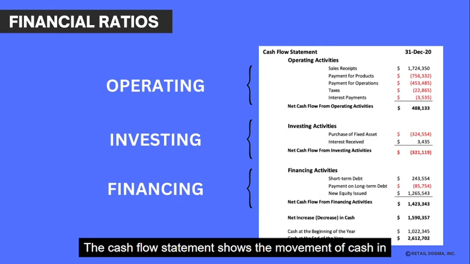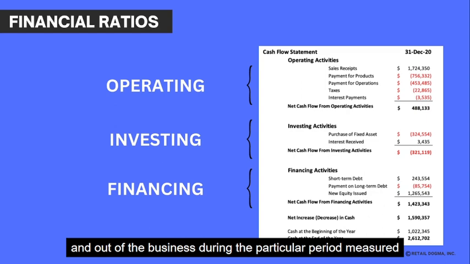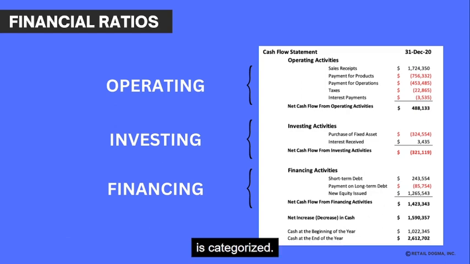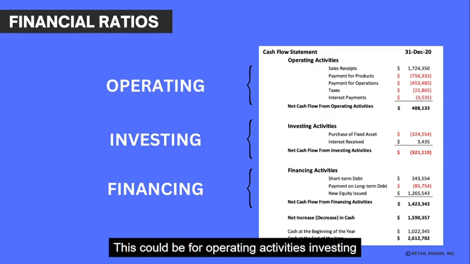The cash flow statement shows the movement of cash in and out of the business during the particular period measured and under which category of activity this movement is categorized. This could be for operating activities, investing activities, or financing activities. For example, when the business receives cash from sales and pays out cash to suppliers and landlords, this is all under operating activities.